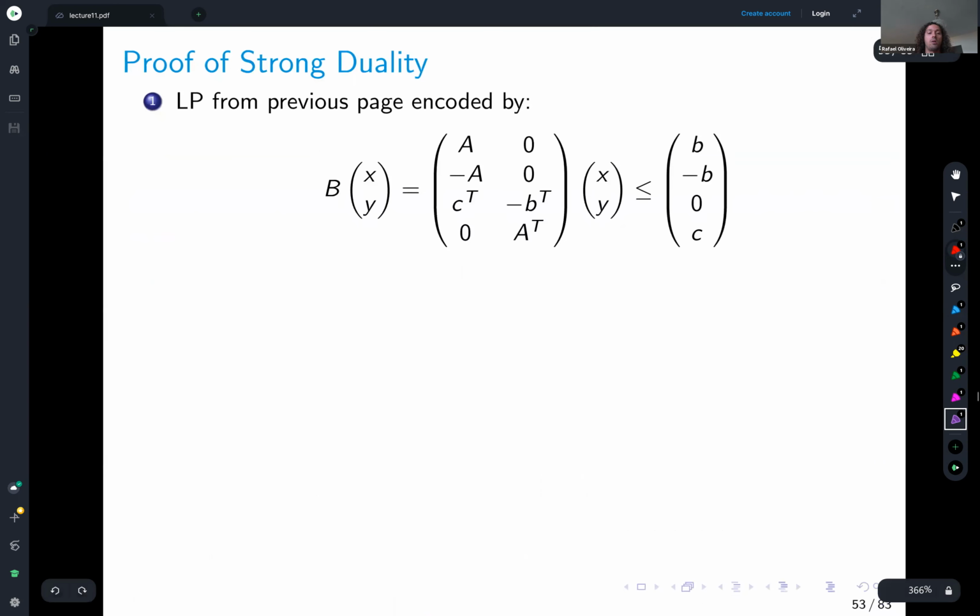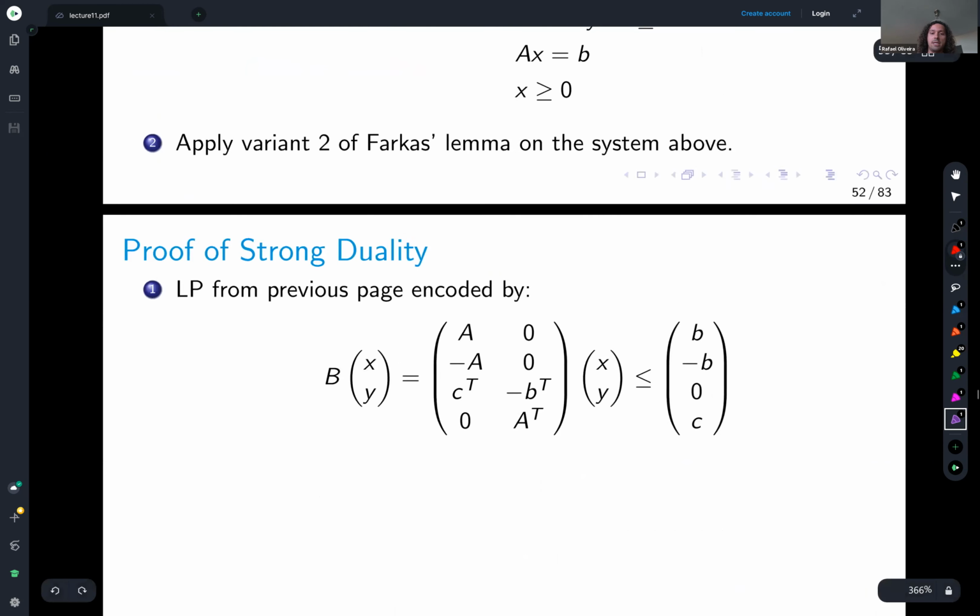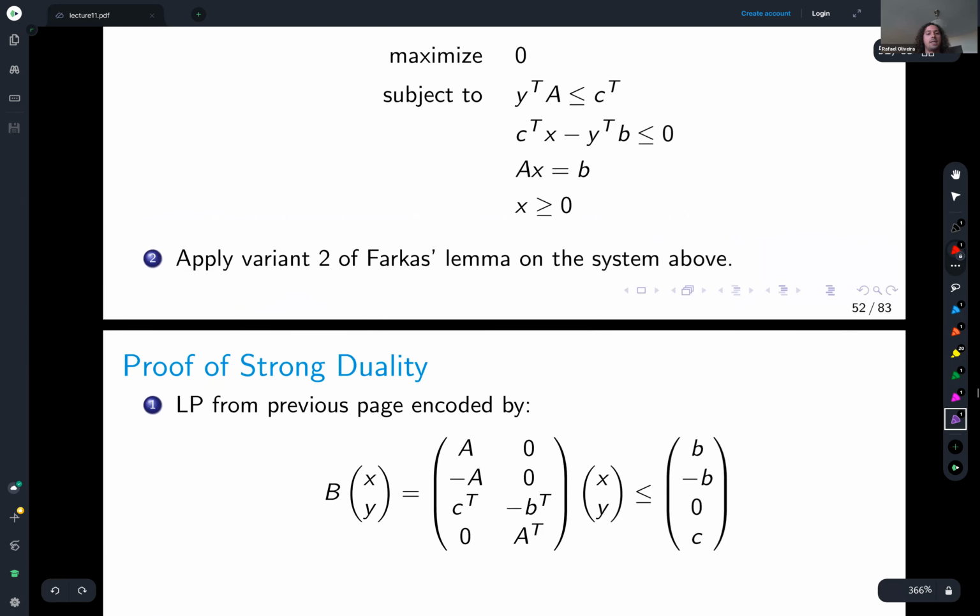And we're going to recall variant 2 here. If we look at the linear program from the previous page, it can be encoded by some matrix B, which is exactly this matrix here, and B times XY is less than or equal to these right-hand sides.